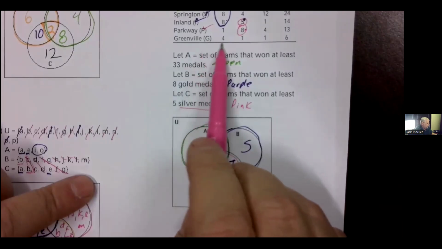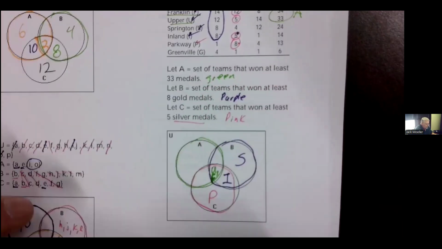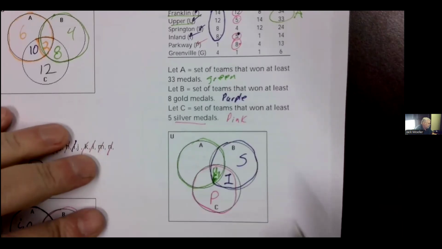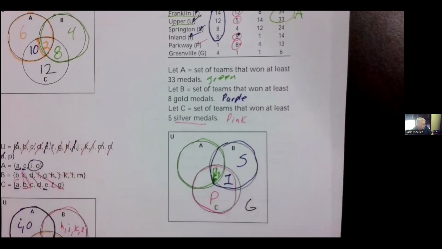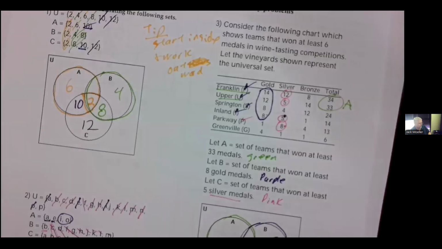Well, Greenville didn't get listed in any of them. So there may be vineyard owners from Greenville who need to get some work done, but they're going to be on the outside looking in of our 3 sets. So that's a bit messy. That's a word problem version of what we did before.